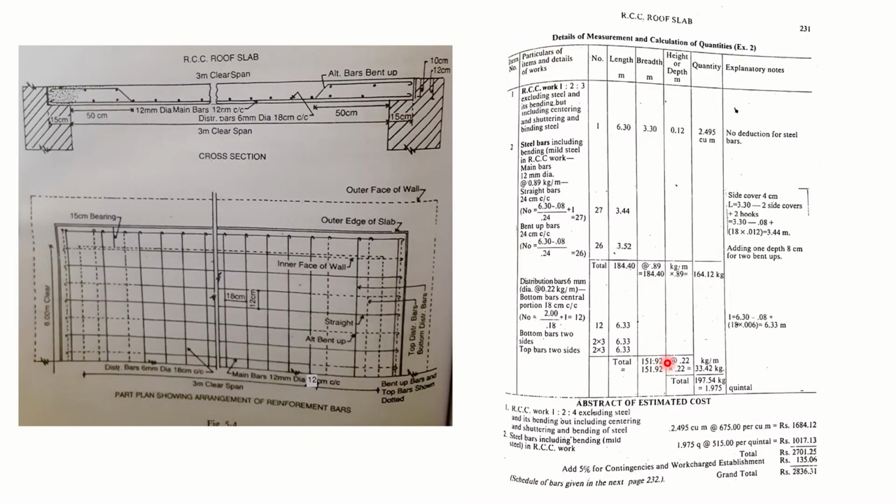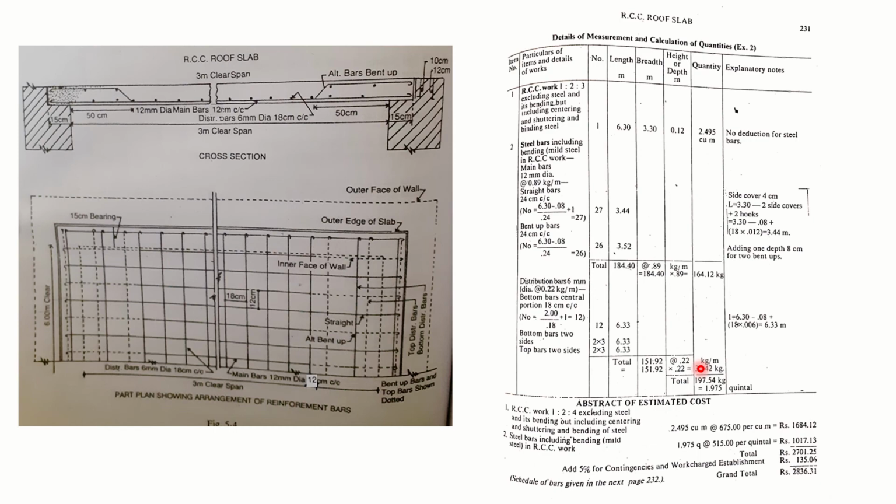Then we get this total weight. To multiply it with the weight per running meter, we get the total weight of 6 mm dia bars. So this is how we calculate the weights using the drawing, weight of steel that will be used.